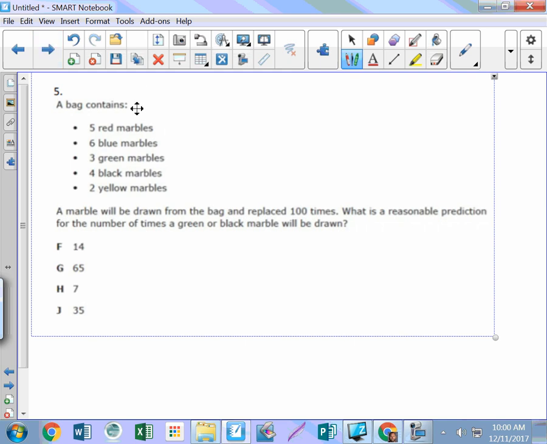5, the bag contains 5 red, 6 blue, 3 green, 4 black, and 2 yellow marbles. A marble will be drawn from the bag and replaced 100 times. What is a reasonable prediction for the number of times a green or black marble will be drawn? Remember, or means to add. Green is 3 out of, we need to get our total, 5, 11, 14, 18, 20. And black is 4 of 20.